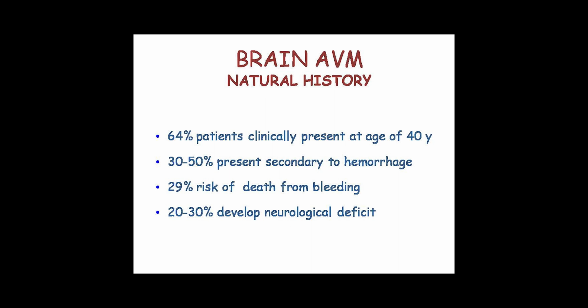There is around a 30% risk of death from that bleeding, depending on its size, unless it is immediately treated by open surgical means, by taking out the hematoma if it's a big bleed. But if there is a small bleed, you don't need to open the skull, and you can treat those patients with endovascular means. 20 to 30% of patients may develop neurological deficit.